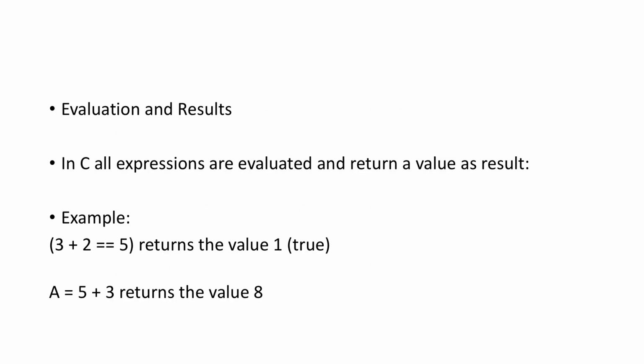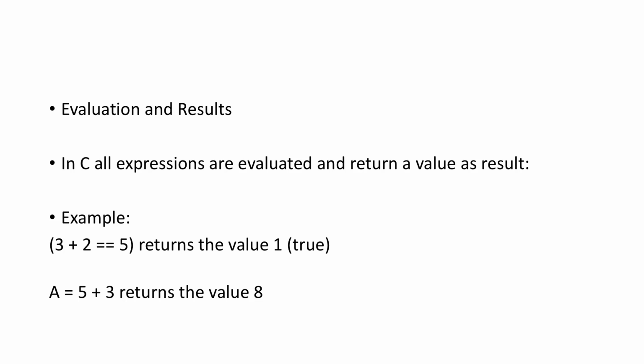Usually, when we evaluate expressions, we make calculations and return a result out of the expression. For example, in this expression we have 3 plus 2 double equal 5, so we are comparing whether 3 plus 2 is equal to 5.